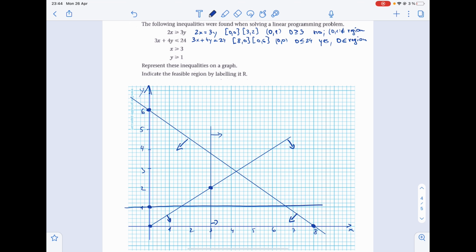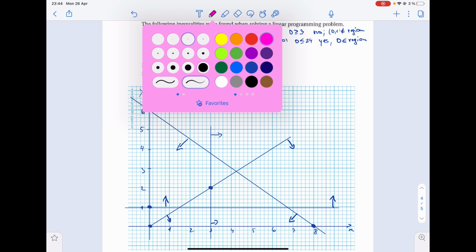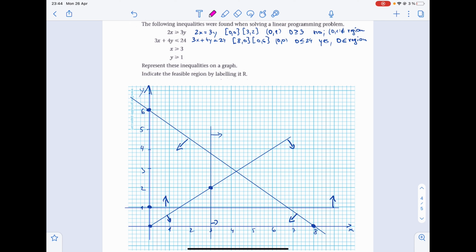So that would be roughly this one. When you carefully observe, you have to be careful here, but all of the lines are solid. So that's this one, then greater or equal to 3, this, and then this one. So this is your region R.